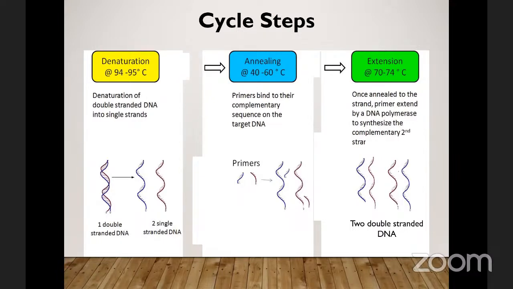So after extension, you now have double strands of DNA again, like you had from the initial stage before denaturation happened. And the DNA you are going to be having will be exactly the same as the original template DNA. Next slide.